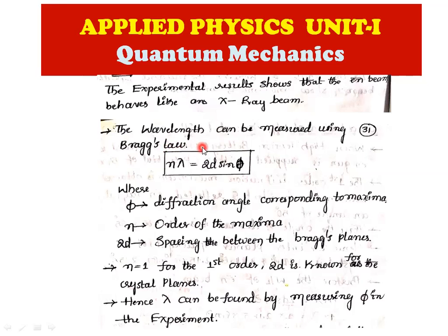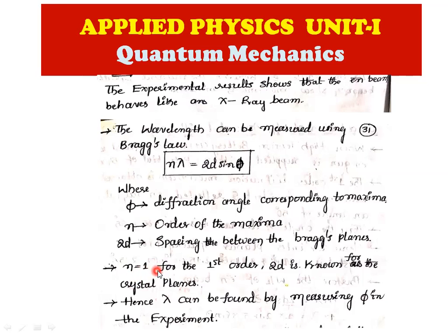According to Bragg's law, the intensity maxima and minima can be calculated using the relation 2d sin theta equals n lambda, or 2d sin phi equals n lambda, where phi is the diffraction angle corresponding to maxima and minima, and n is the order of maxima. d is the interplanar spacing, the spacing between the Bragg's planes.